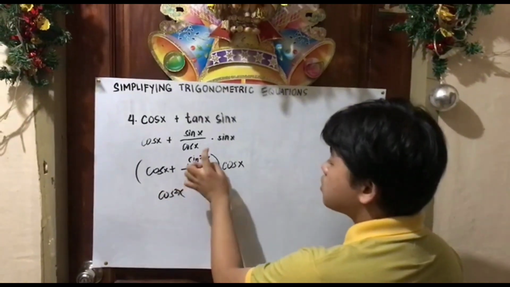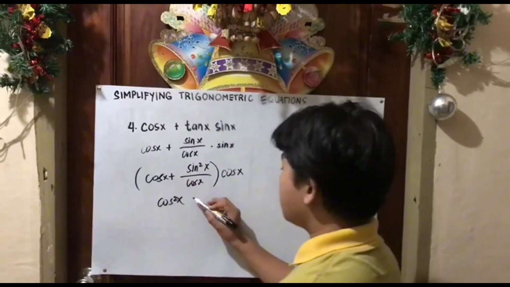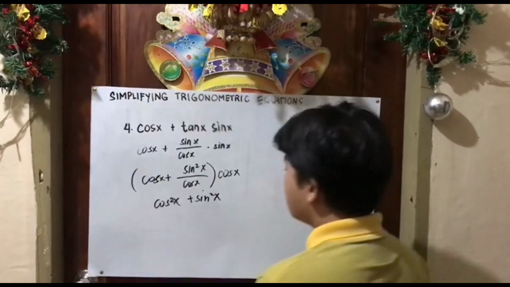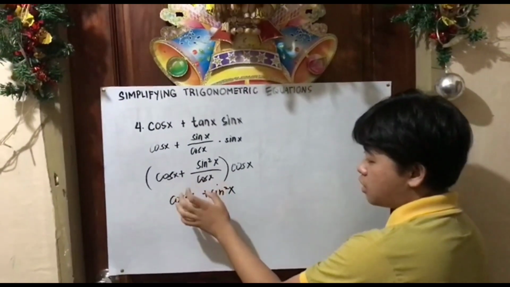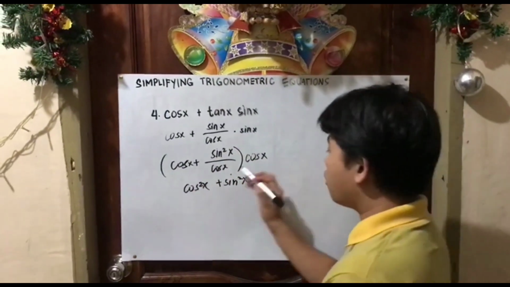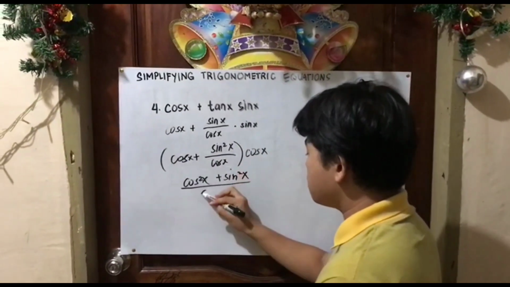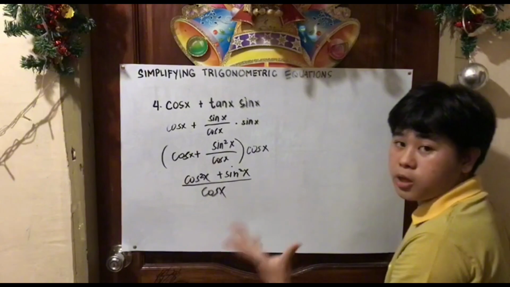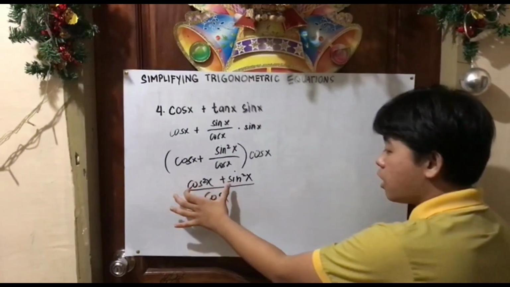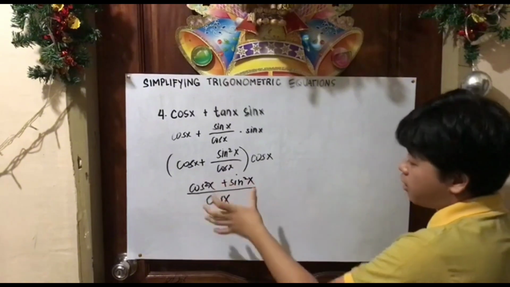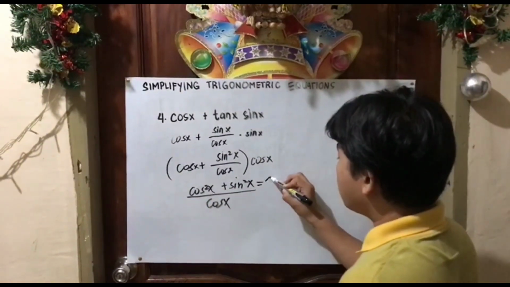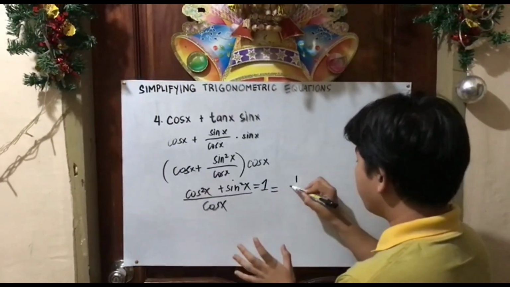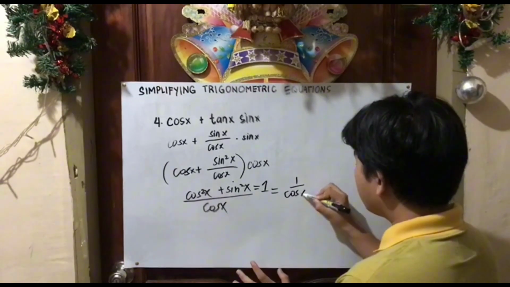Then 1 times sine squared x is equal to sine squared x. Since they are already in the same denominator, we only need to copy the same denominator, which is cosine squared x. So we have here a Pythagorean identity. Cosine squared x plus sine squared x, again, is equal to 1. So our new equation now is 1 over cosine x.